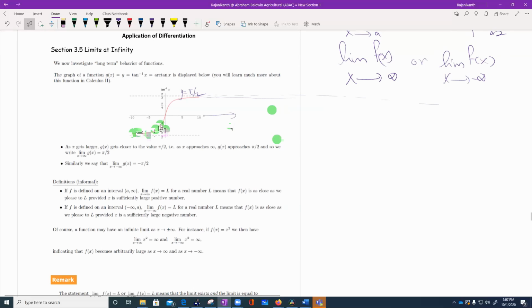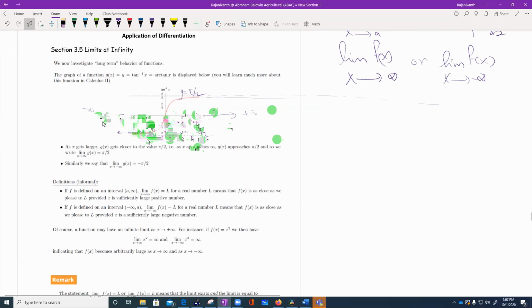At this end, this is positive infinity, this is negative infinity. Remember, this is my real line, domain x. When x goes to negative infinity, my function is approaching this line, that is the y equals negative pi over 2 line.